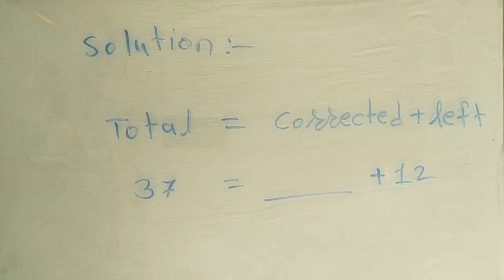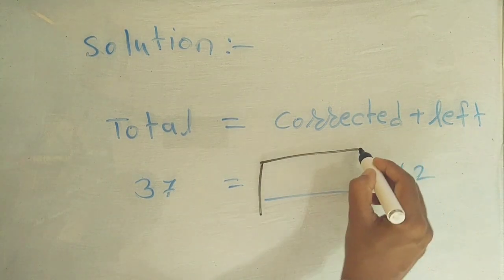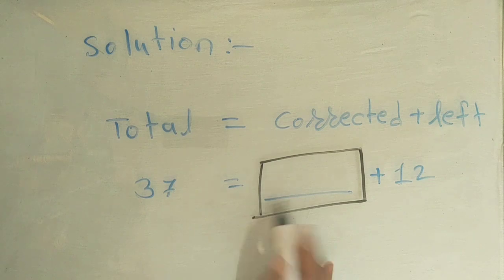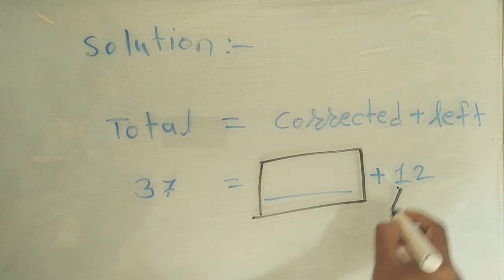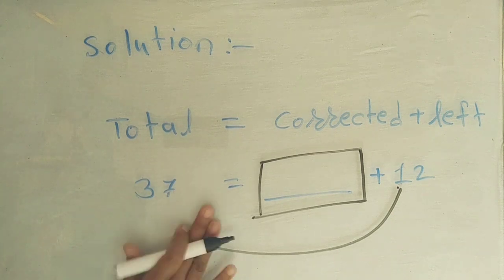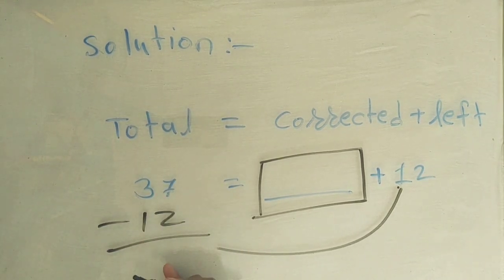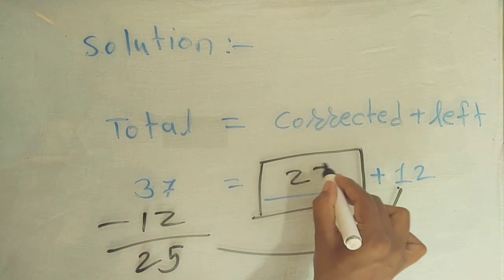Now see how we are going to find it. I already taught you, if we need to find this value, then we should subtract this value from the greater value. Now 37 minus 12 equal to what? 7 minus 2 is equal to 5, and 3 minus 1 is equal to 2. So 25 will be the answer.